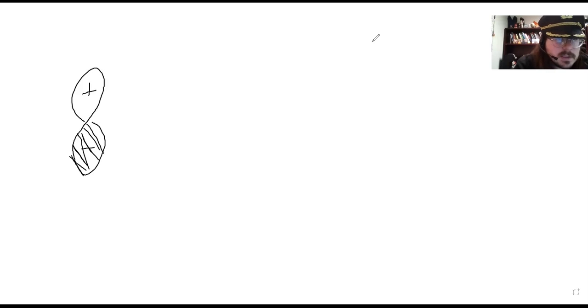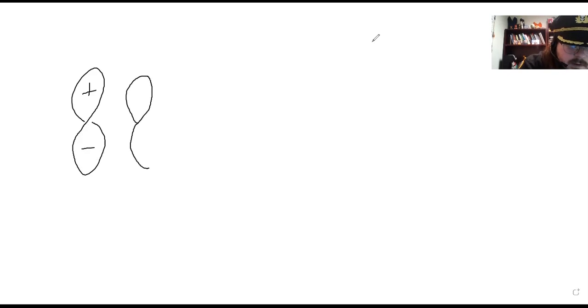So we can break things into two types of bonds. Our bonding molecular orbital is constructive interference, constructive overlap. Constructive interference is when two pluses are adjacent to each other.